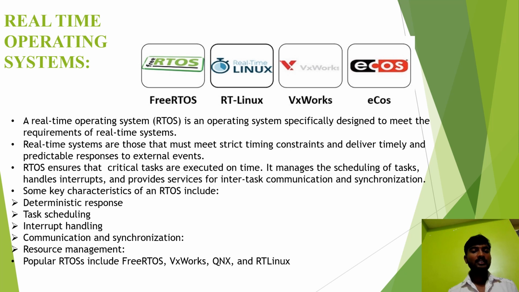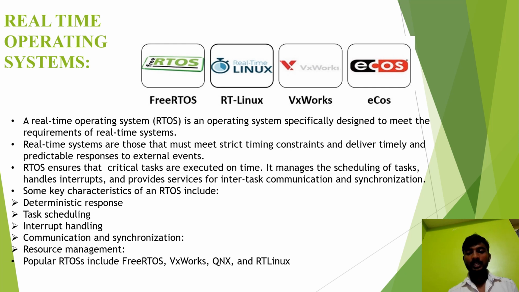And real-time operating system. What is a real-time operating system? A real-time operating system is specifically designed to meet the requirements of real-time systems. Real-time systems must meet strict timing constraints and deliver predictable timing in response to external events. A real-time operating system ensures that critical tasks are executed on time.